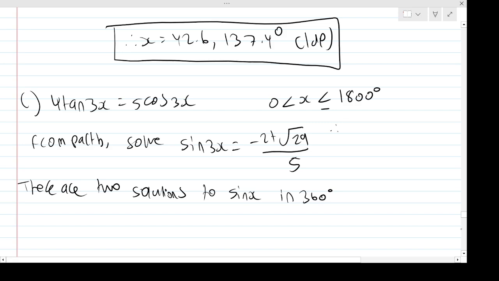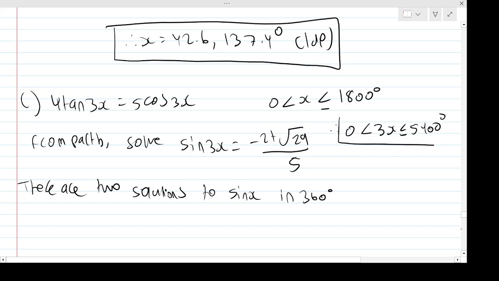Therefore, if x is between 0 and 1,800, that means 3x is between 0 and, when we times this by 3, 5,400. So that is our new interval we need to work with.